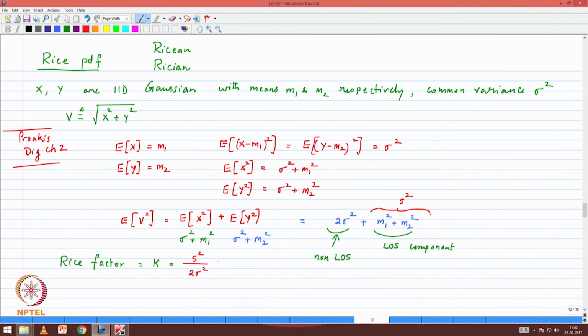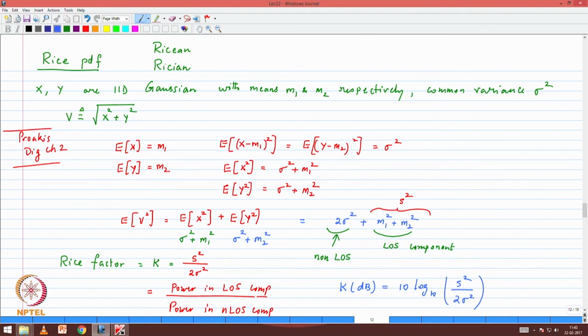So it is nothing but the ratio of the power in the line of sight (LOS) component divided by the power in the non-line of sight components. And most of the time when you are dealing with Ricean distributions, you probably would have encountered that it is always given in dB, which is 10 log 10 of s squared by 2 sigma squared. That's usually the practice. They say, okay, it's a Ricean channel with K equal to 8 dB.